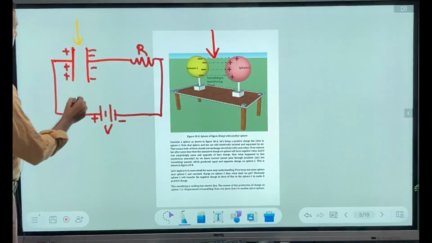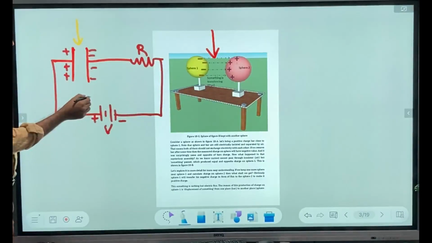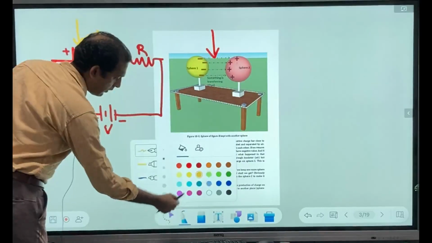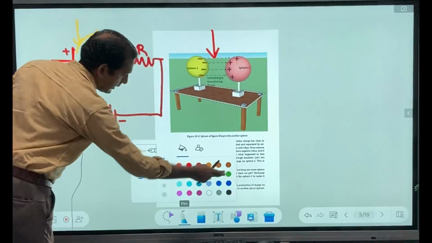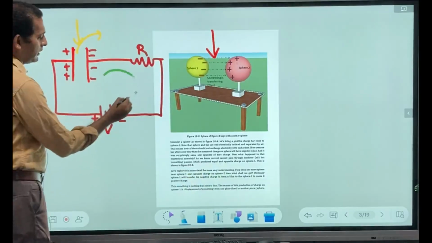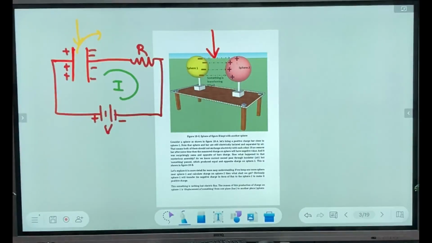So in that case, we get some sort of charge transfer, but that charge transfer will be in the form of displacement current. That is not the conventional current. What flows in this circuit is the conventional current, conduction current.